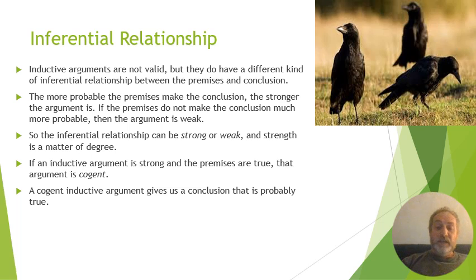And a cogent inductive argument gives us a conclusion that is probably true. And probably true is good enough to get through life. If I invest in something and I know I'm probably going to make money, I'll keep doing it. If I win 51% of the time, I'm moving to Vegas, because that's really all I need over the long run.